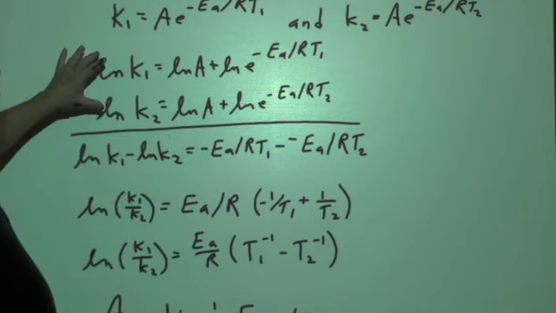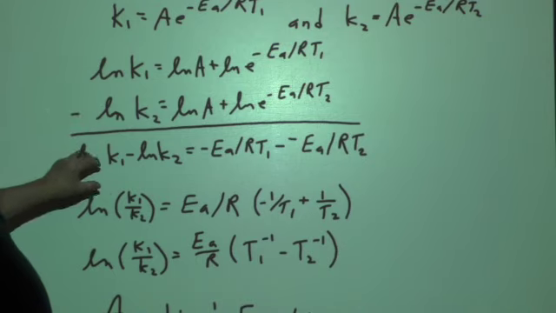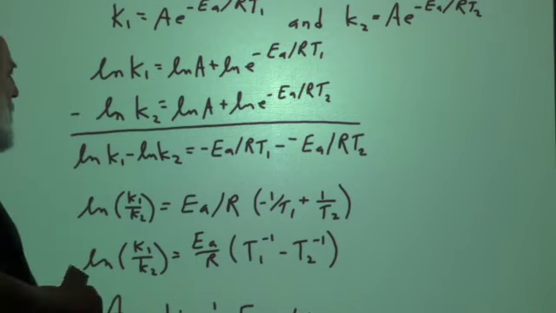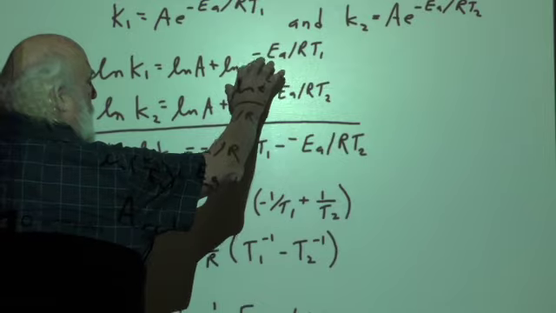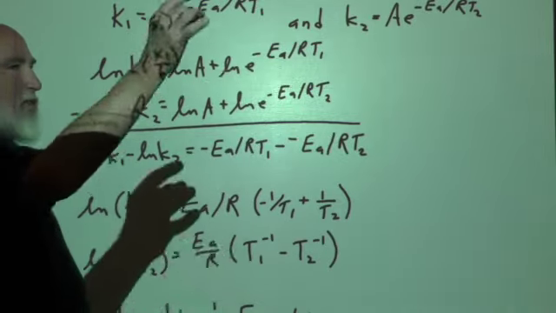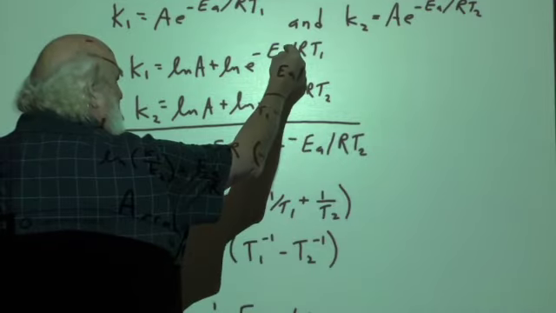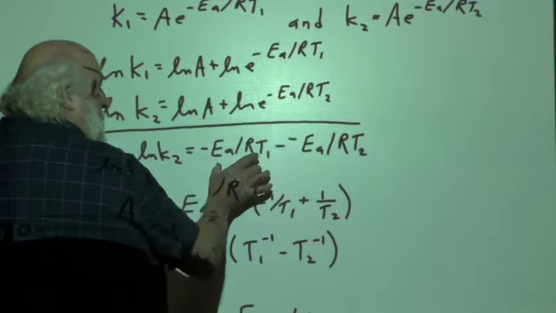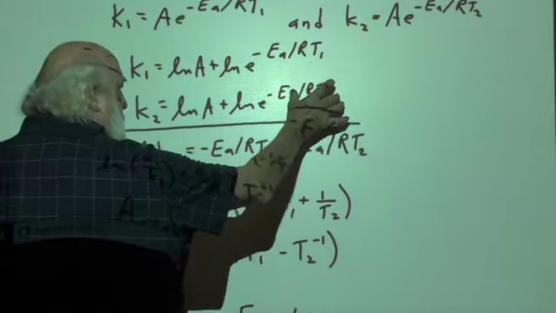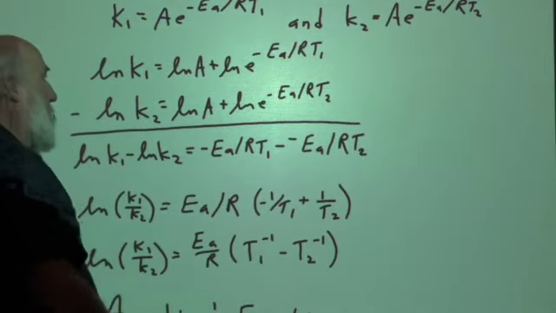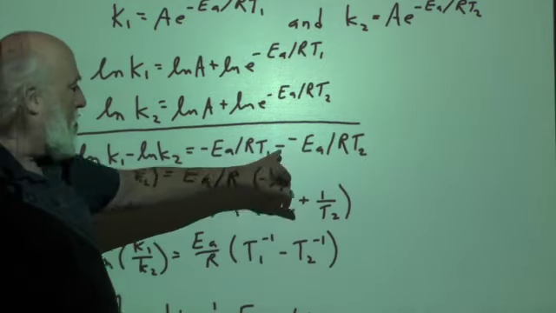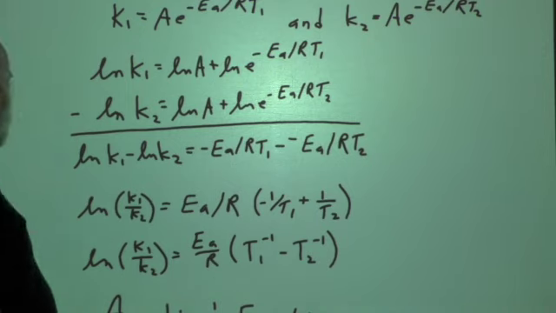In this case right here, we've got the natural log of k1 minus the natural log of k2, and then the natural log of e. Now remember, natural log means the exponent of e. Well, the exponent of e is negative EA over RT1, so that goes there. And for this one, it's negative EA over RT2, and we're subtracting them, so that should be a subtraction symbol right there.